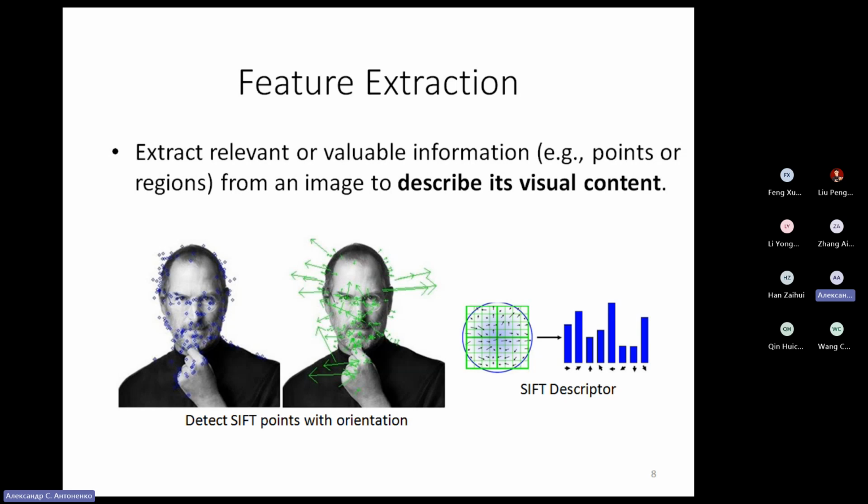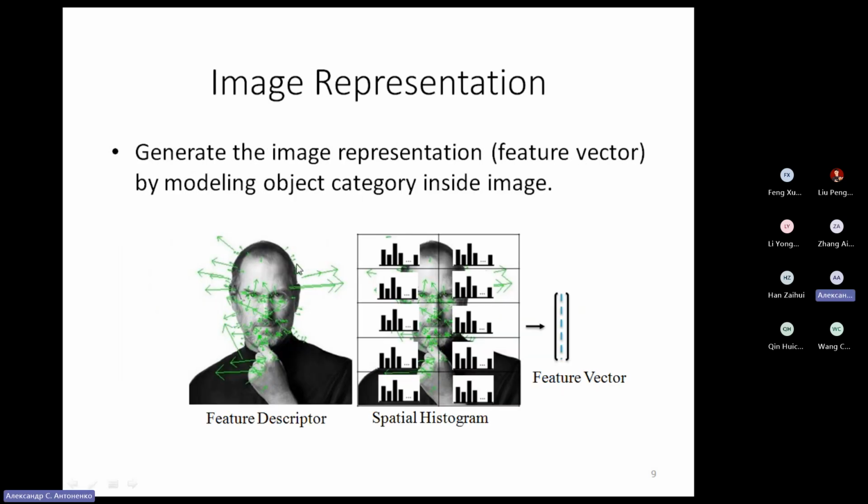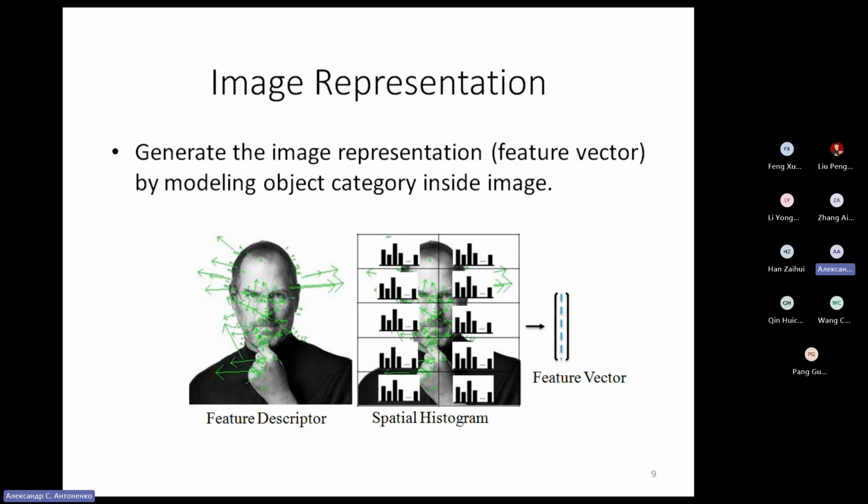We can extract some features, for example SIFT descriptors, and extract features from the image to describe its visual content. We need to find some key points, and then we can describe each feature using a spatial histogram. I remind you that we used this in the laboratory work too.